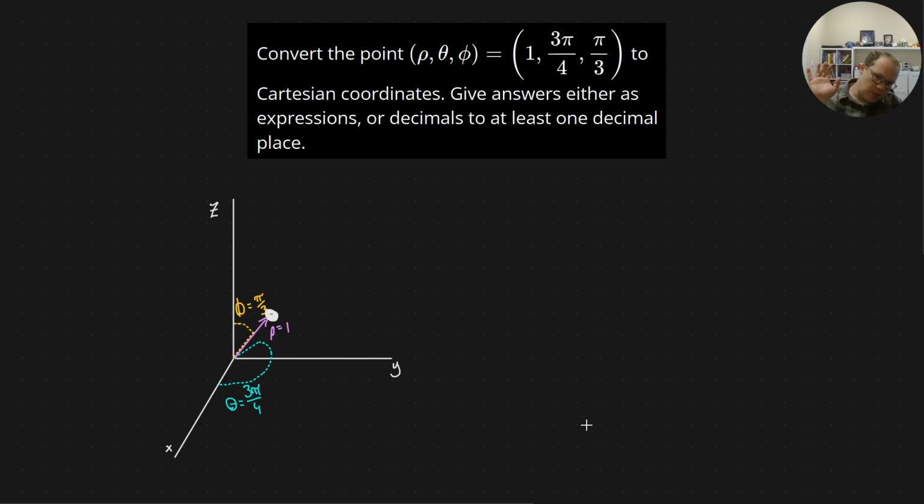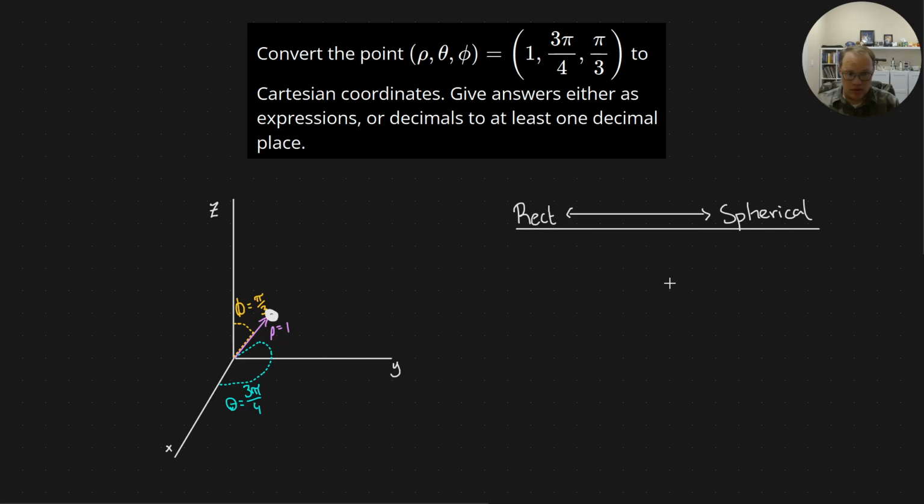Now, of course, that's not what the problem asks. So let's now do what the problem asks. Let's actually convert the point from spherical to Cartesian. So let's remember our formulas. And again, these are formulas that you should memorize for this course. X equals rho sine phi cosine theta. Y equals rho sine phi sine theta.